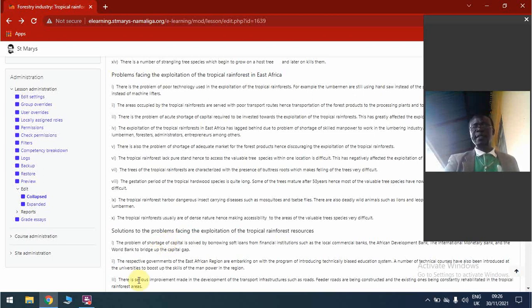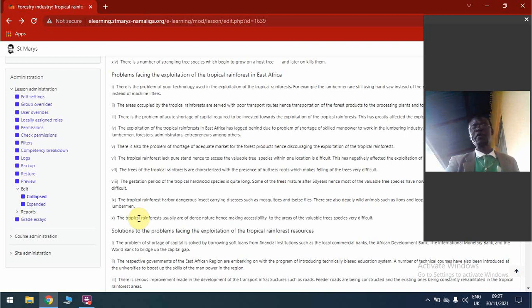Now, if you want to understand this topic very well, I ask you to go and revise your topic of exploitation of forest resources in British Columbia. You find out the differences in the characteristics of the trees in British Columbia, as well as the methods of exploitation.